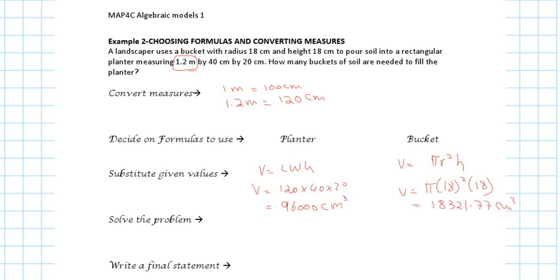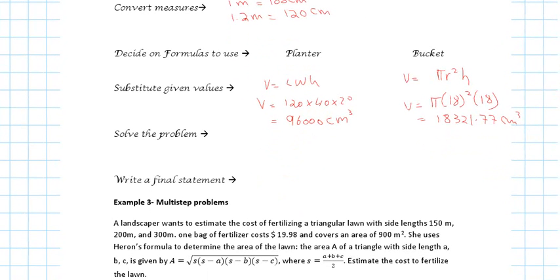The planter is 96,000. Each bucket is fitting 18,321.77. How many buckets do I need? I have to find the ratio, right? So to find the number of buckets, you have to divide the volume of the planter by the volume of the bucket.